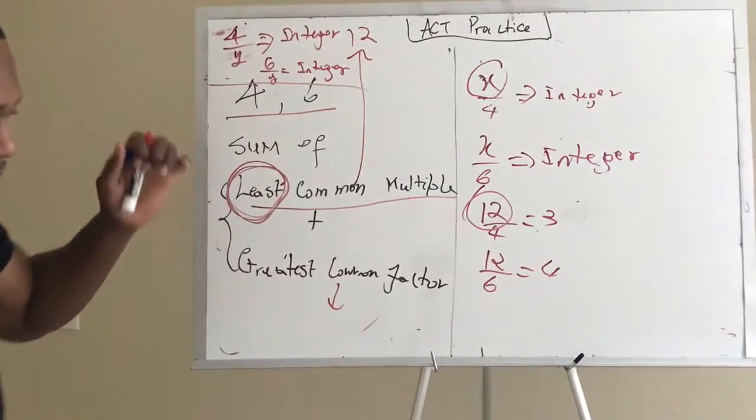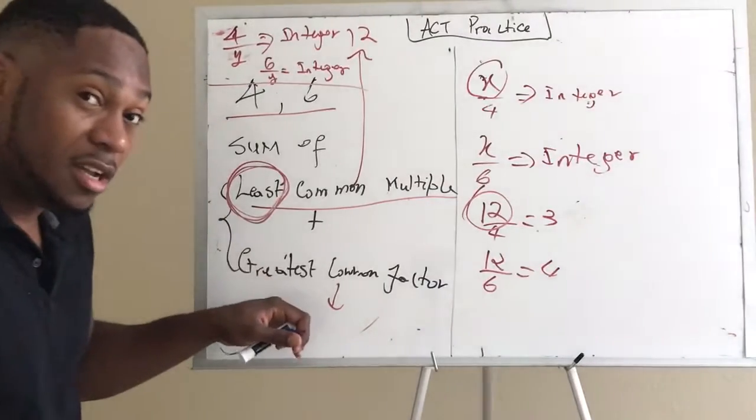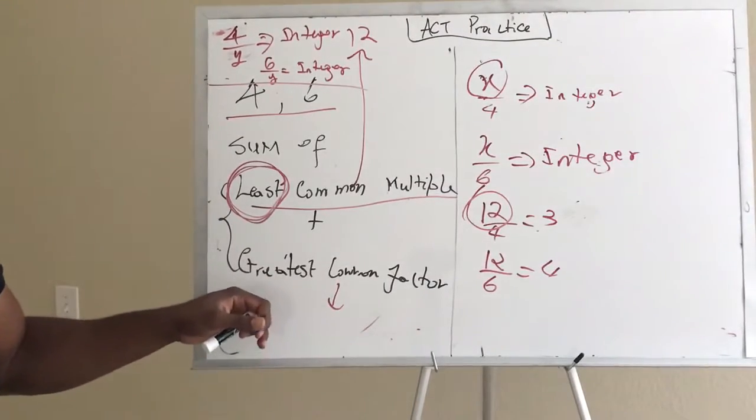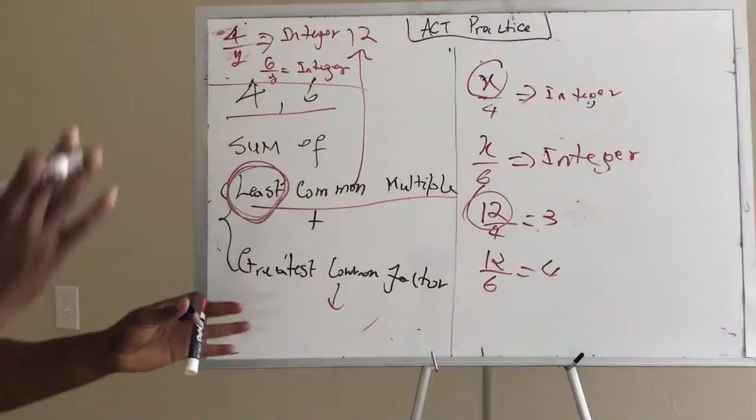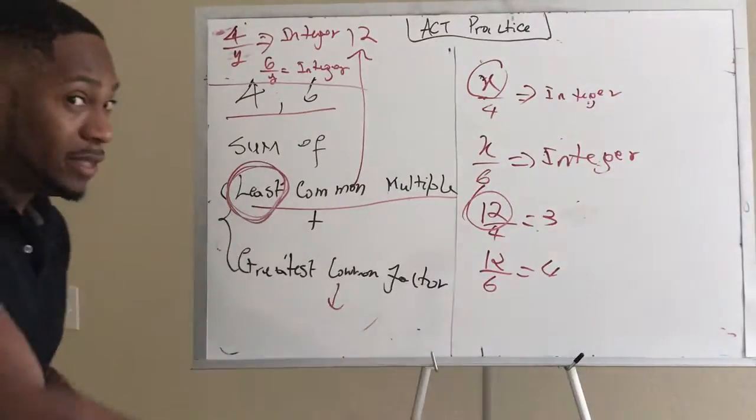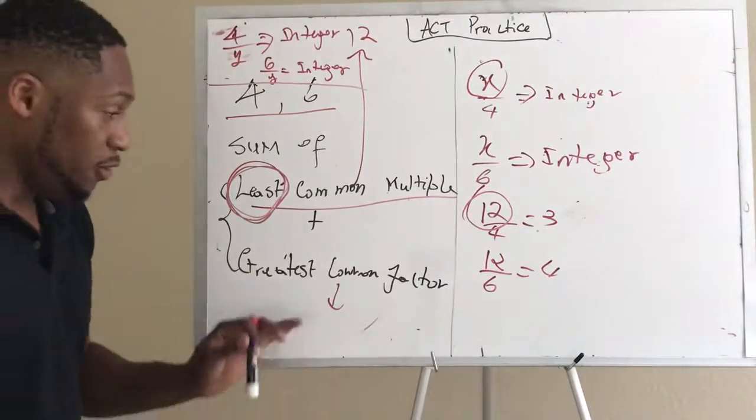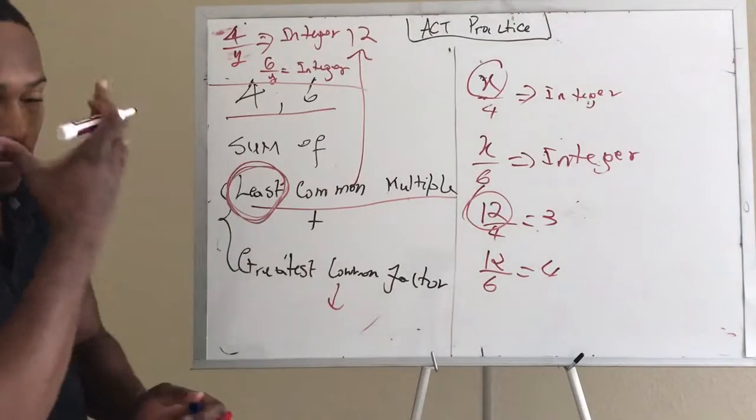But it needs to be the greatest number that satisfies this. So if 3 satisfied this and 4 satisfied it and 5 satisfied it, you've got to take 5 because 5 is the greatest number that satisfies it.